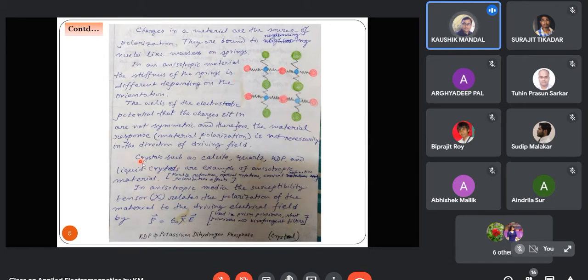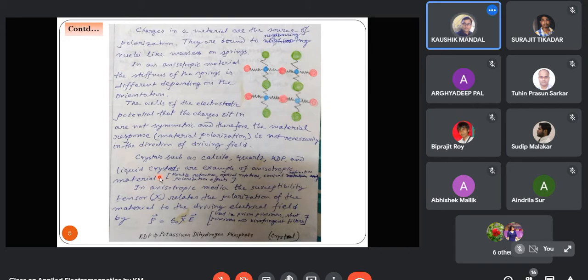Now this point I have already mentioned, that is the example of anisotropic materials or crystals. They are basically different types of crystals like calcite, quartz, KDP and liquid crystals. These are the best examples of anisotropic materials. Now they exhibit peculiar optical phenomena.